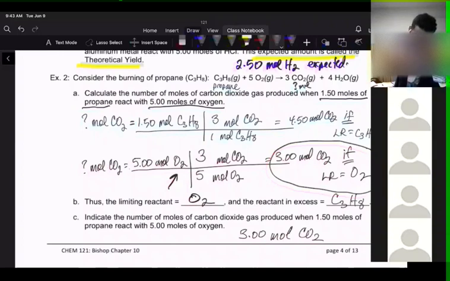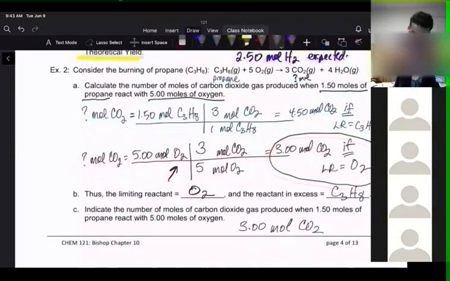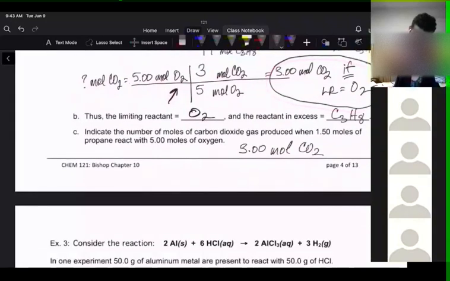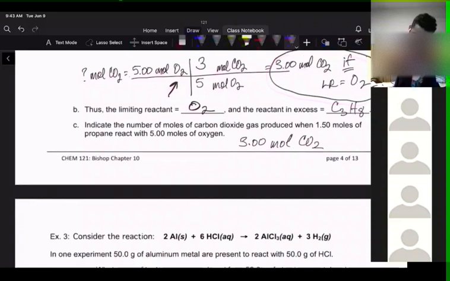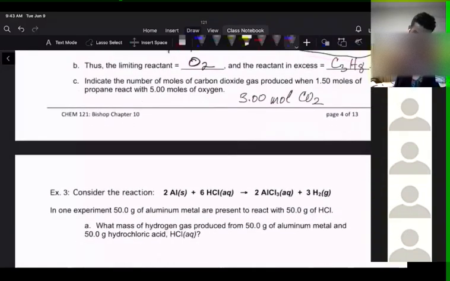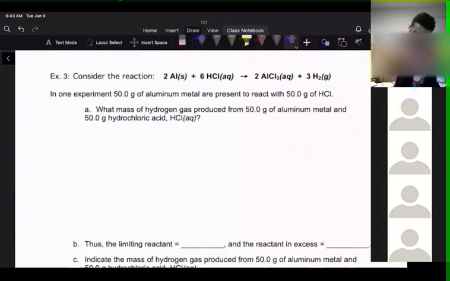Now we can continue to work these problems. This was with moles, but remember we could put the molar mass on one end if we started with mass, and the molar mass on the other end if we need to end in mass. So let's do a couple more. This one goes to using the masses. So I'm going to write some information with the equation here, just so that I can keep track easily. Now I'm starting with 50 grams of aluminum and 50 grams of HCl.